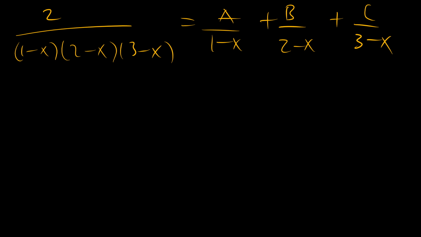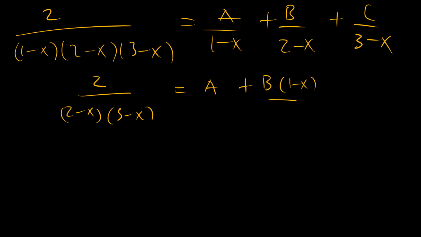That means if we go methodically and multiply across by 1 minus x, in that scenario, we do have 2 over 2 minus x, 3 minus x equals A plus B times 1 minus x over 2 minus x, plus C times 1 minus x over 3 minus x.